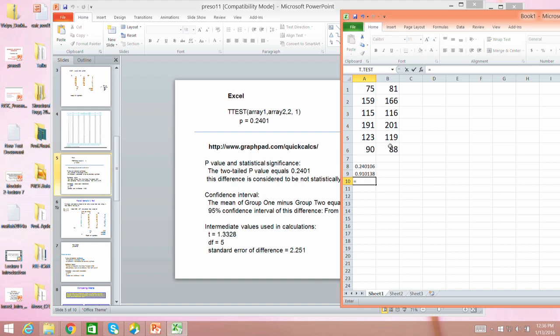Even if you take it as a equal variance, p value will come out to be large. So, that way paired t test is much better, okay, as you can see. So, the paired t test is much better than a 2 sample t test.